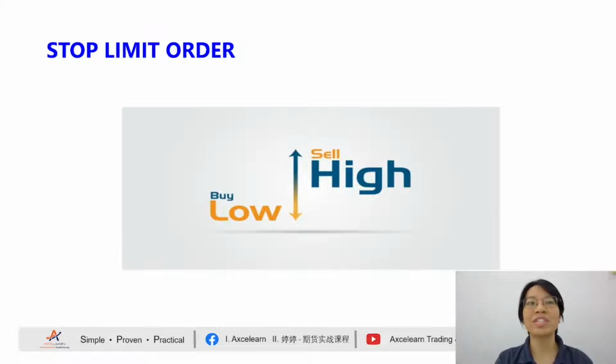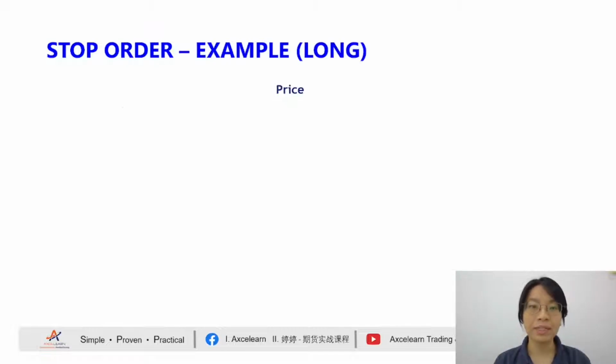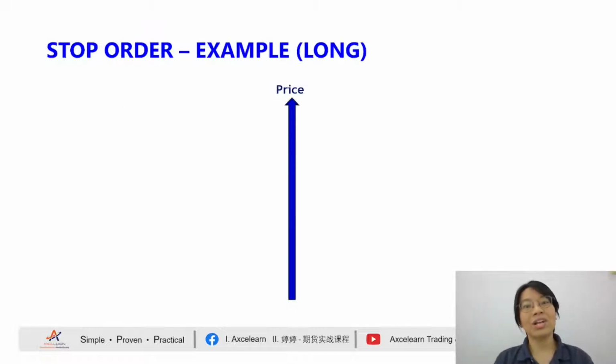I believe previously in the videos on stop orders you should be able to understand, but I'm going to re-explain it to you via this particular example. As usual, you need to draw an x-y axis because I find that this is the easiest method for you to understand. I discovered this by myself and created this example by myself as well.